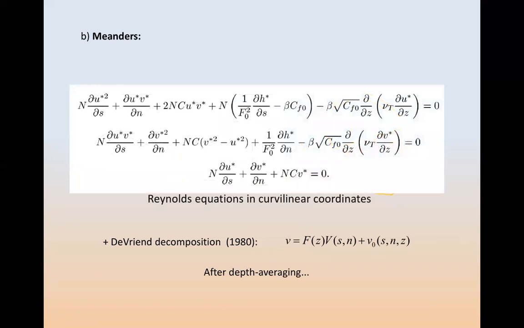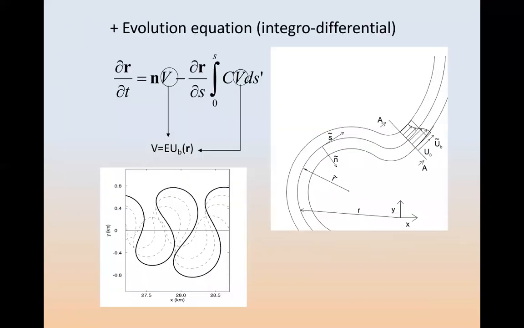And then after depth averaging, plus, this is important, the evolution equation in this case is this kind of integro-differential equation, which describes the evolution of the position of the center line depending on V. What is V?